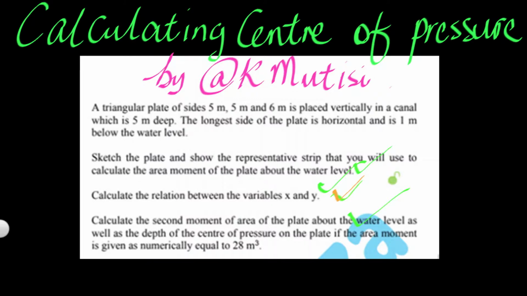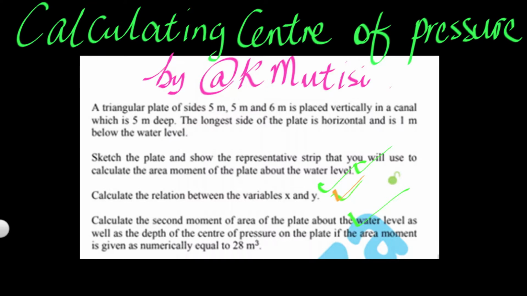We now have to calculate the depth of the center of pressure. To calculate the depth of the center of pressure, we divide our second moment of area by our moment of area. So the moment of area is given as 28. Our second moment of area, we calculated it as 76.